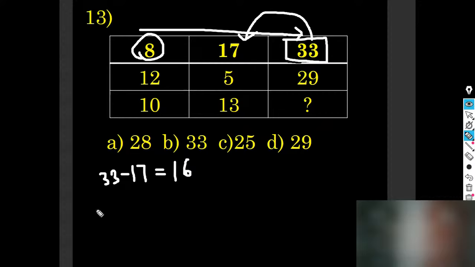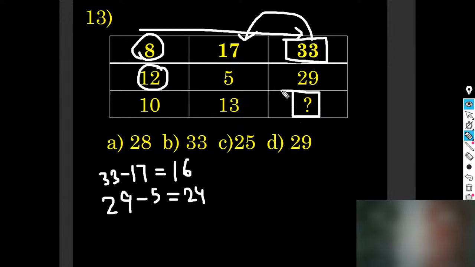Next, the second one, 29 minus 5 is 24. Again, find the relation between 12 and 24. If you understood the logic, then you can easily answer this question mark value. Subtract 33 and 17, subtract 29 and 5, subtract question mark and 13. It will be somewhere related to 10.